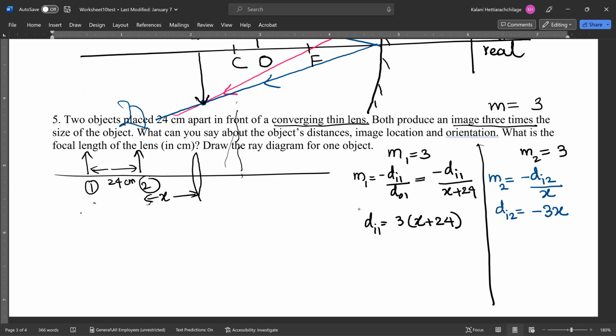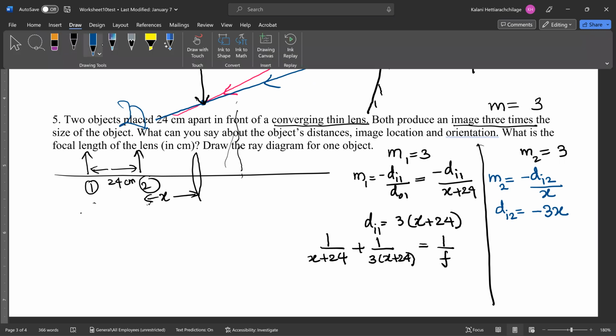So I have 1 over D naught, right? D naught is x plus 24, plus 1 over DI, that is 3x plus 24, is equal to 1 over f. That is for the first case.